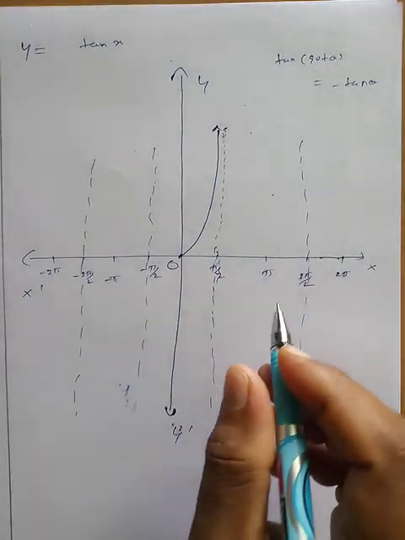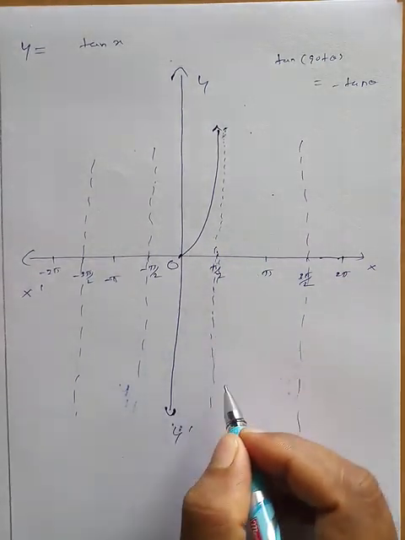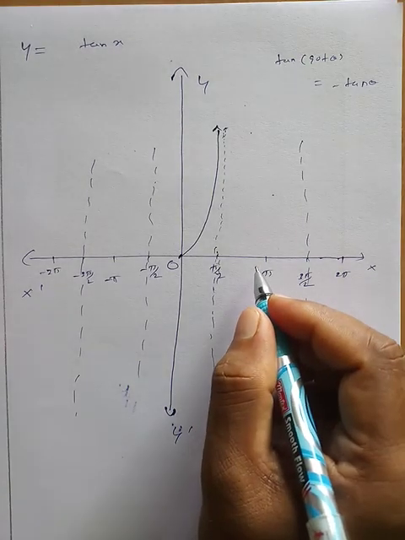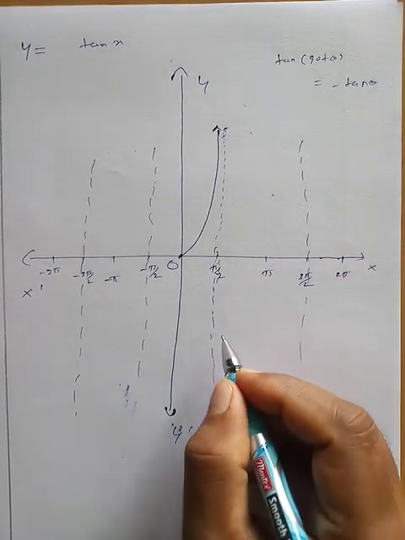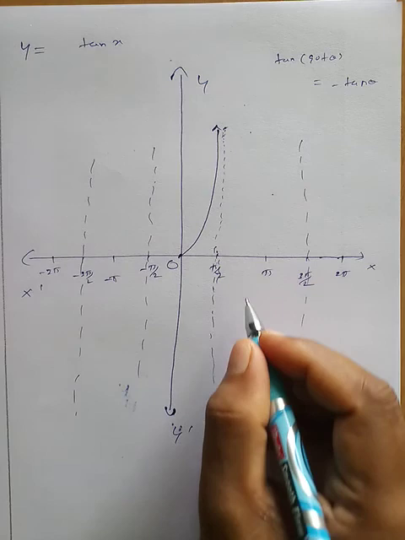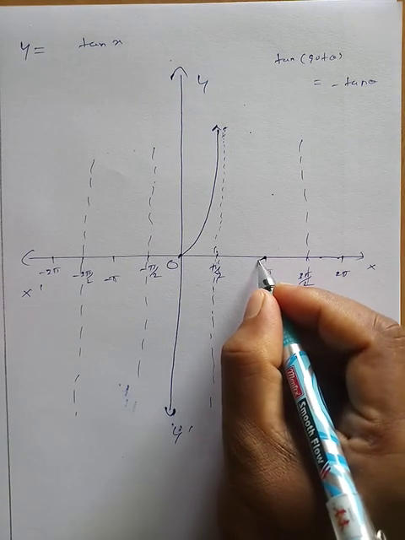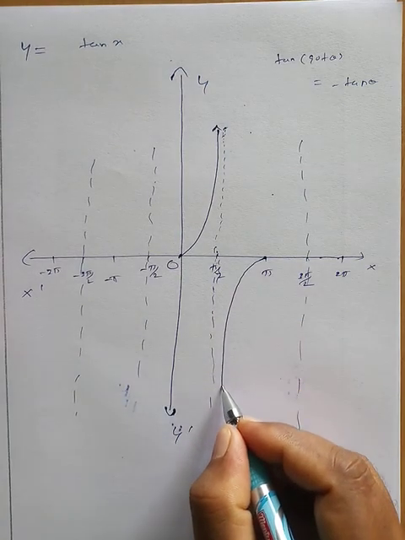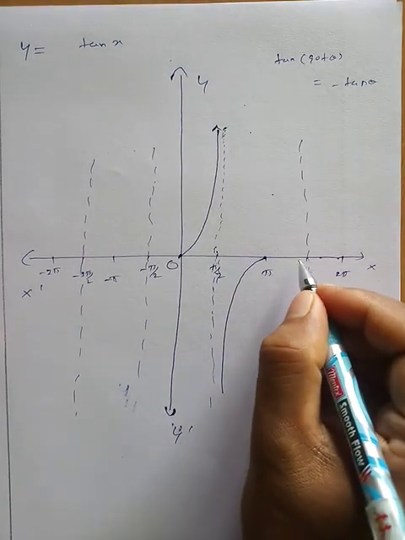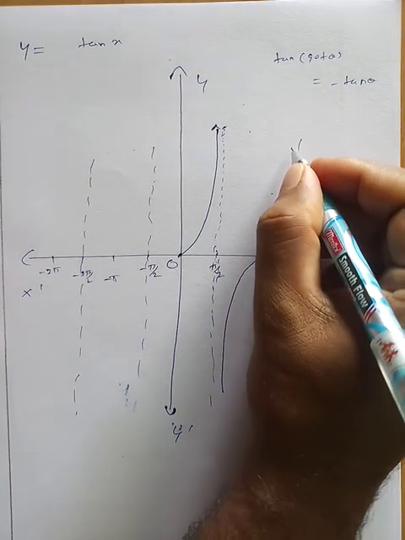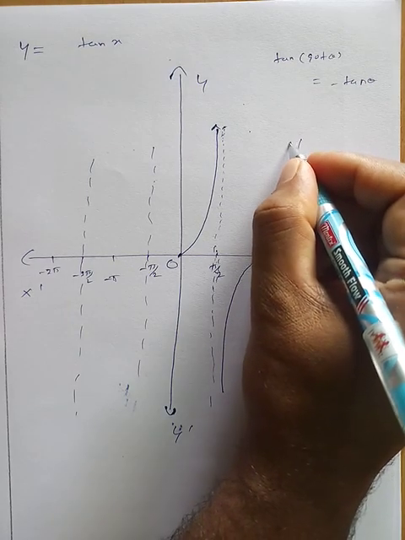So coming to the second quadrant, this is the y value, and here it meets 0, tan pi is equal to 0. Next here 3 pi by 2 goes to infinity.